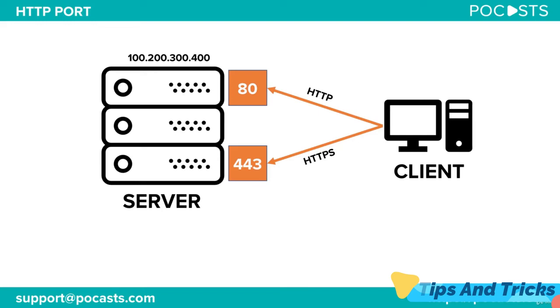If you imagine the server as a bottle of water, then ports are the small holes that you drill through it, through which you can actually extract the water. Similarly, if the server accepts HTTP, it will open port 80. If it accepts a secured connection, that is an HTTPS connection, it will open port 443 on its server.